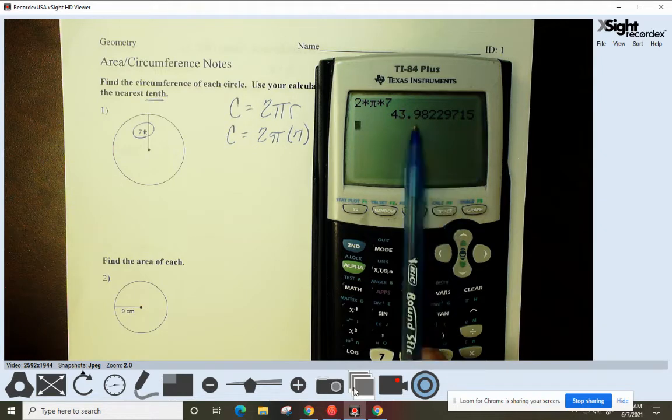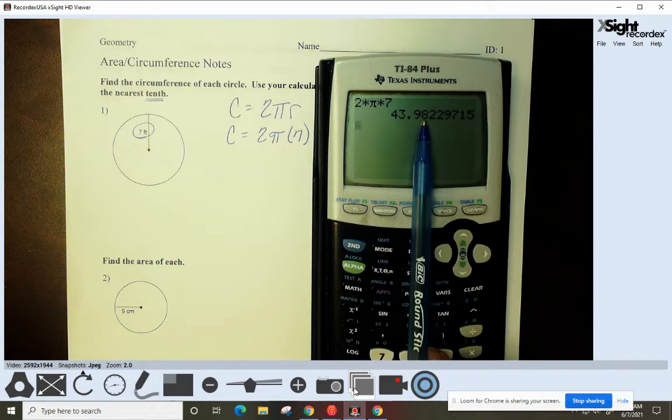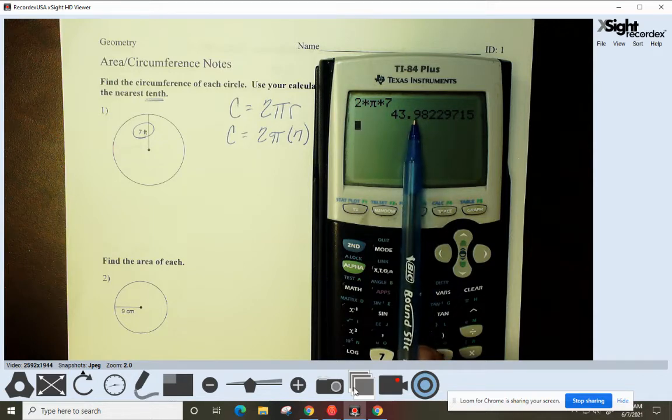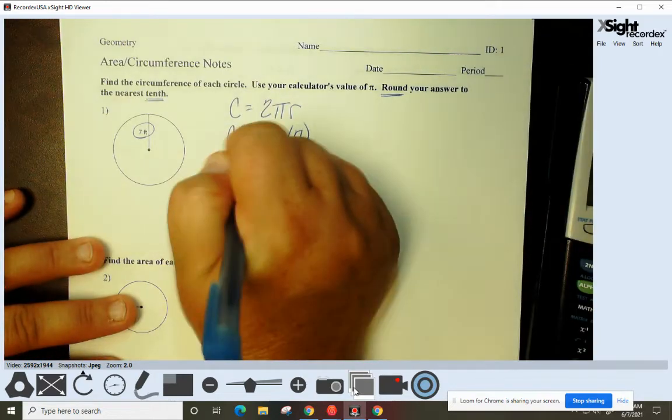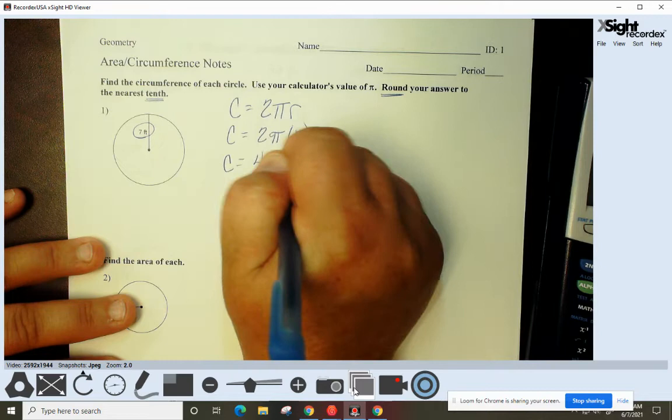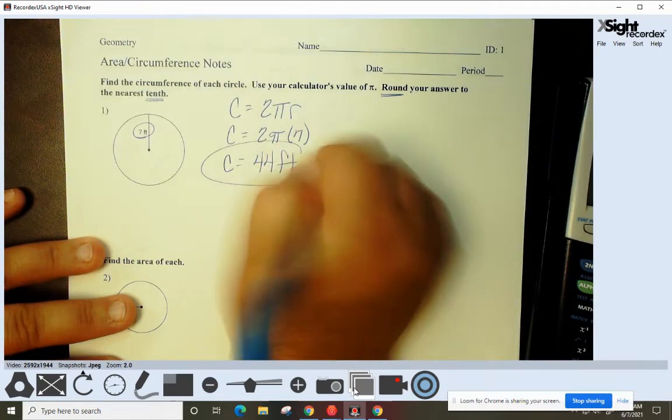So I want to know whether I can round that number right there, that first little decimal place. So I go to the second one, and it is an 8. 8 is big enough for me to round up. So I'm going to round this up, and since it's a 9, it will also round this up. So my circumference would be 44.0 feet.